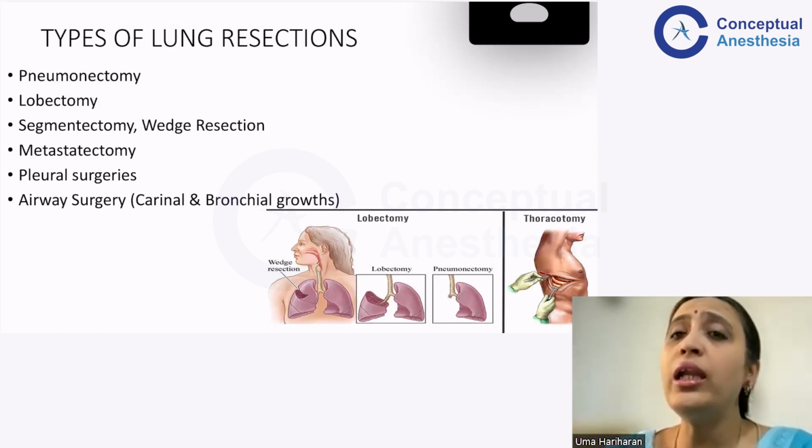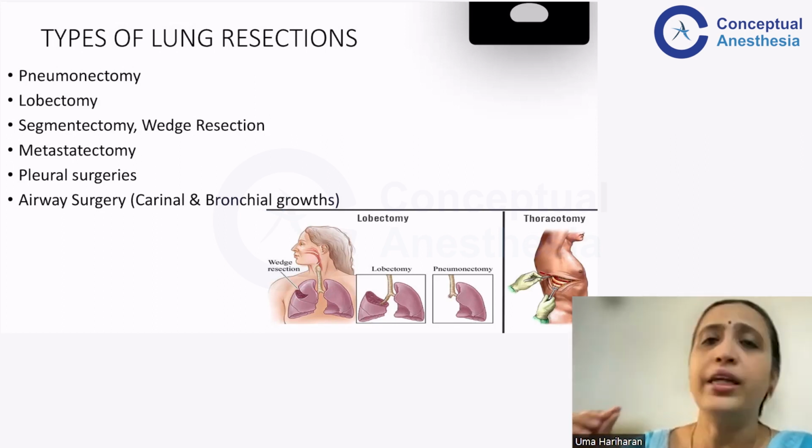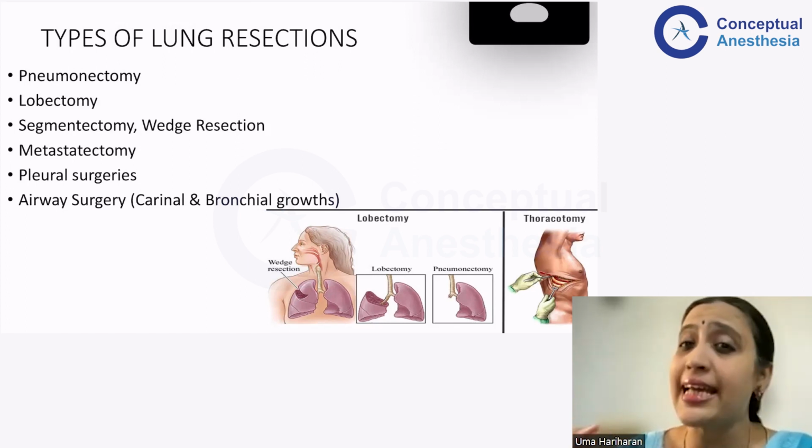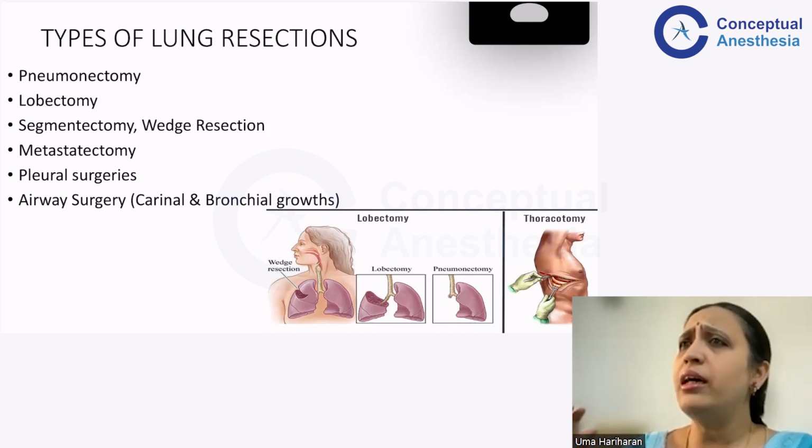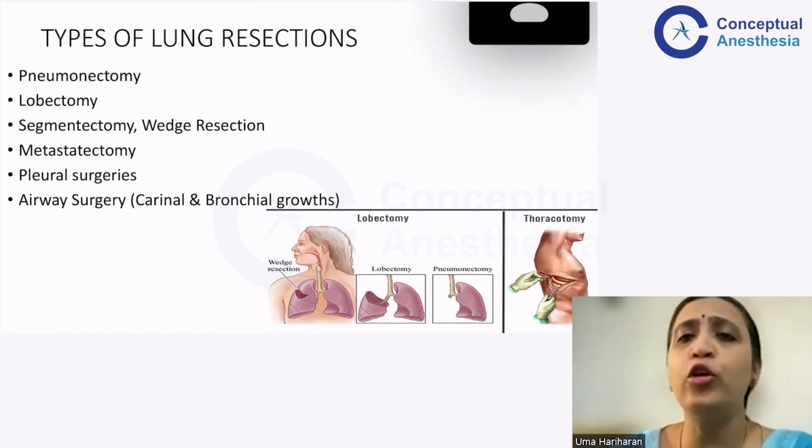Then comes removal of metastatic lung deposits, that is metastasectomy. In this, various lung conditions, for example, various cancer conditions wherein the secondaries are deposited in the lungs, they are removed to actually give a palliative kind of an approach for prolonging life in a fruitful manner.